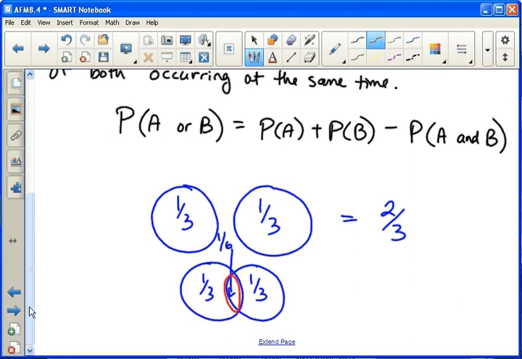And we don't want to add the same things twice. We don't need to count them twice. So to correct for that, we have to subtract 1/6 from our total. So we would do 1/3 plus 1/3 minus 1/6. So that would be 2/3 minus 1/6, which would be, I think, 1/2.